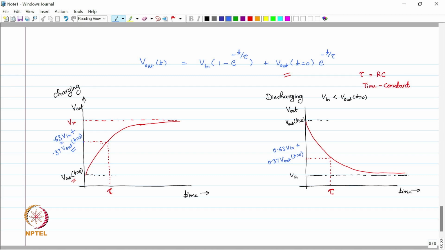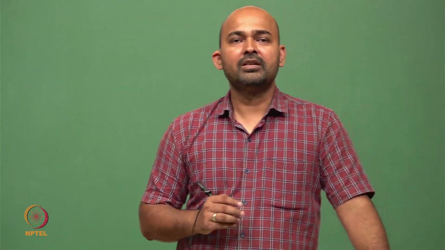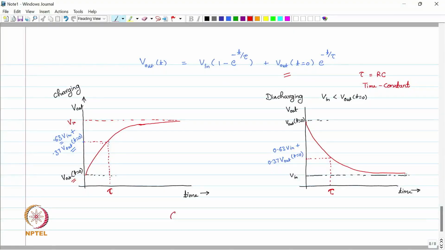So in both charging and discharging cases, we can say if the initial charge on the capacitor is 0, then the output reaches 63% of the input voltage in one time period. So 63% of the transition completes in one time period.